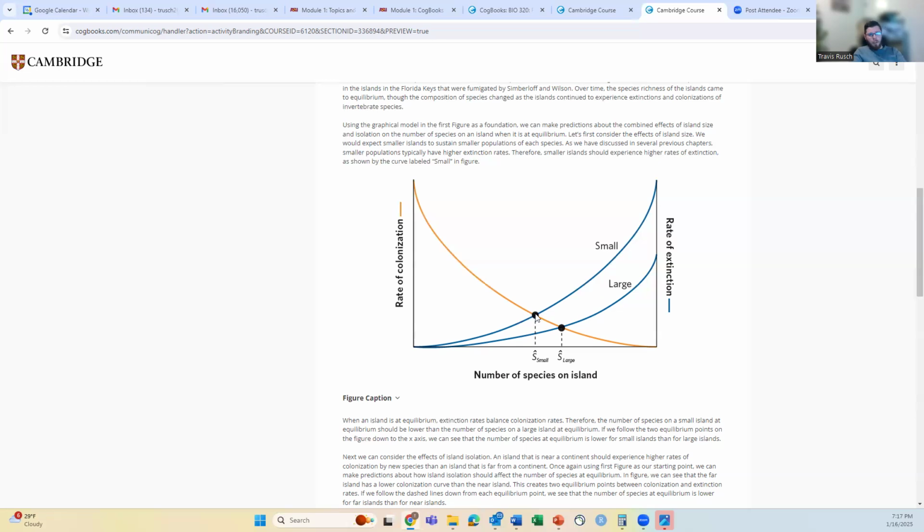You'll get a bunch of organisms that'll come in and over colonize, and then when we over colonize, there's going to be die-offs because they can't support it for too long. If we have die-offs, it's going to swing to the left, and we're going to get opportunity for more colonization to move it back to the right. So it's always going to be kind of like a pendulum where it's going to sway left and right slightly, but it's always going to try to stabilize or at least come back to this point. Does that make sense?